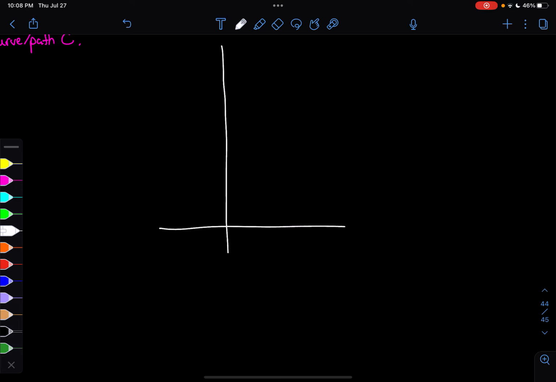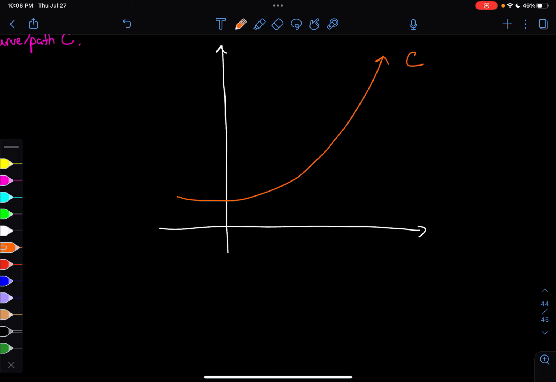So ds, the bane of our existence. If we have some path, it could be any path, but I'll just make a very generic one. Let's say we have some path C. Eventually, I'm going to be drawing in 3D these rectangular prisms above it, whose width is this small change in our path.